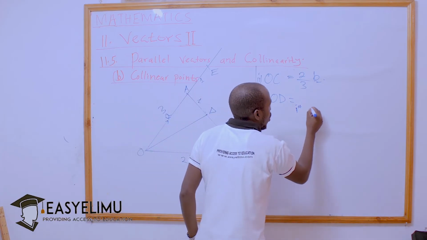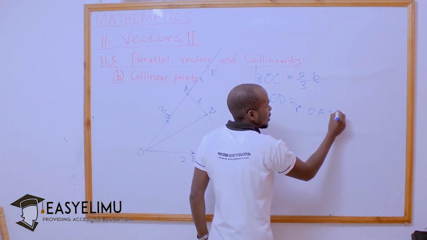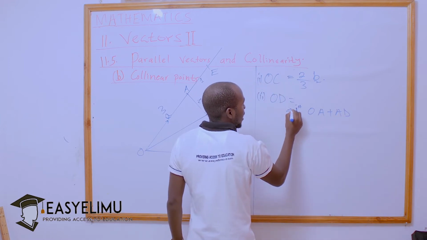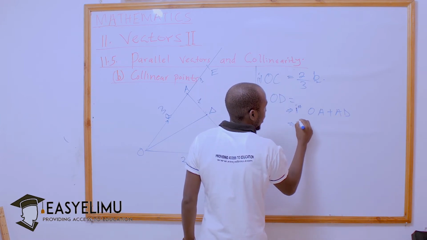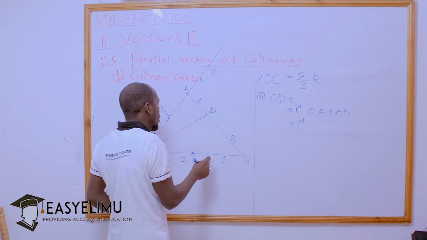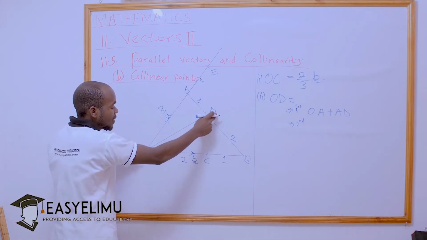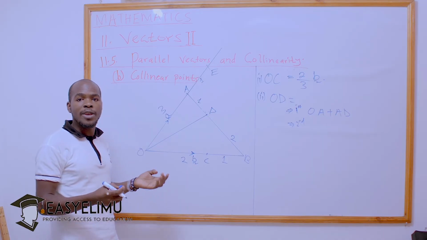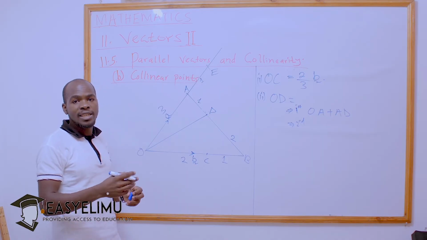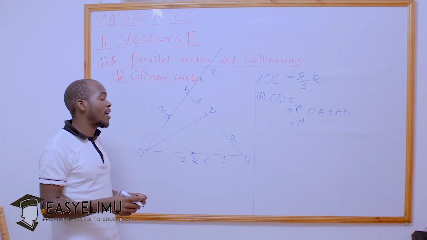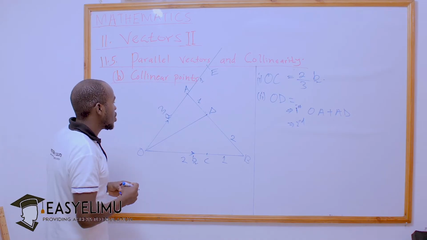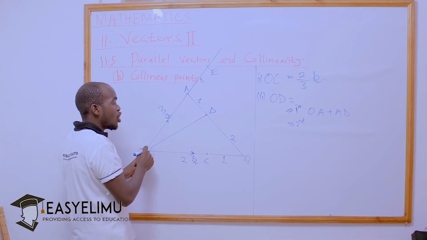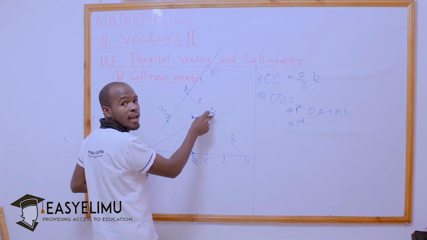That will still give you the same as expressing it in a second way. Actually, vectors is just like circumnavigating or just using certain routes in order to arrive at the same destination. So we are looking for a way in which we can arrive from O to D using another direction.